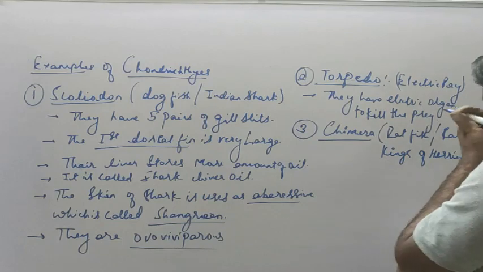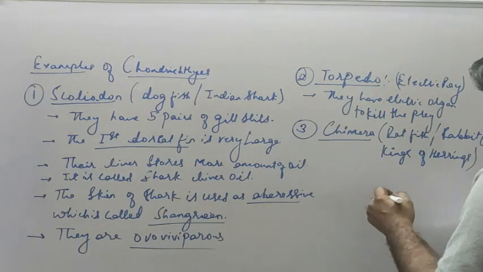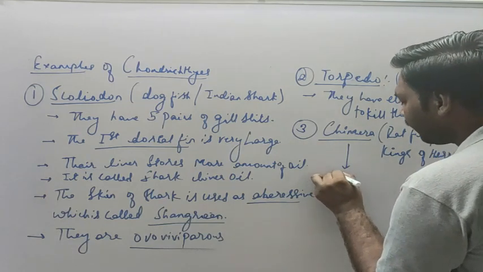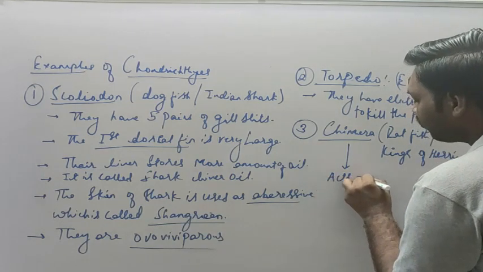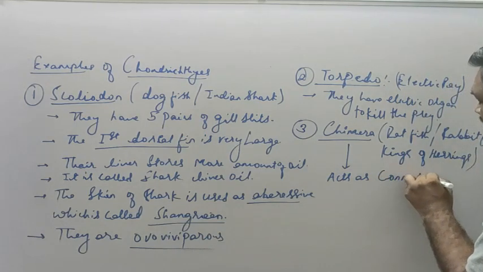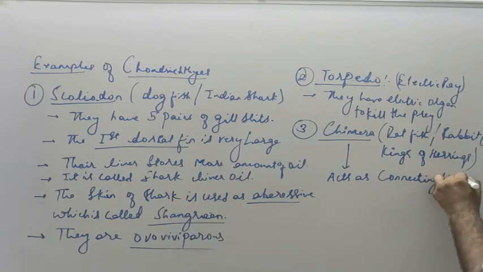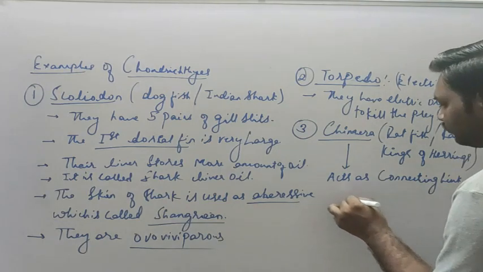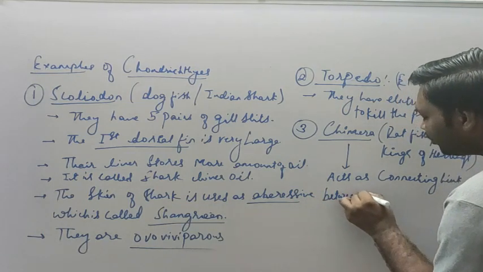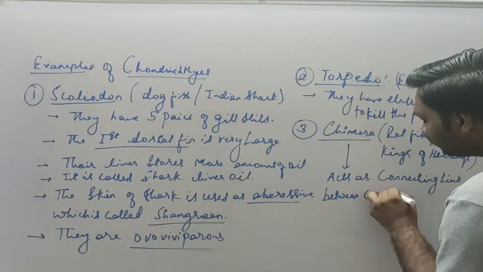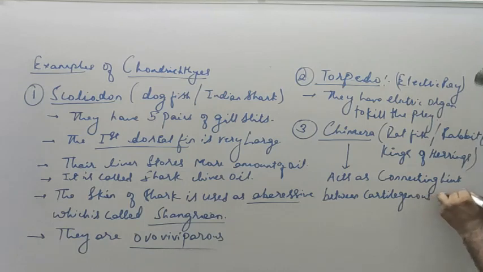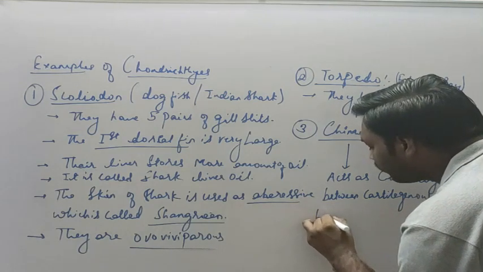So these are the other names which are given to the chimera fish. And it acts as a connecting link between cartilaginous and bony fish.